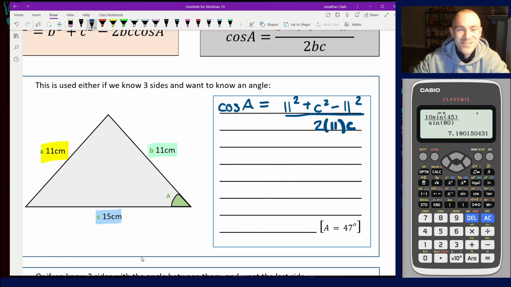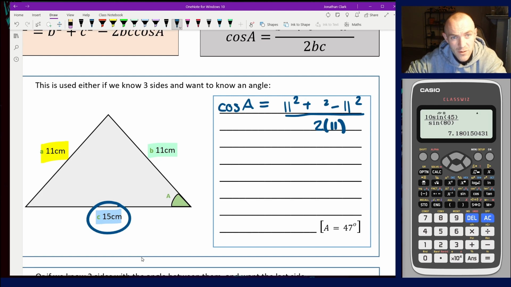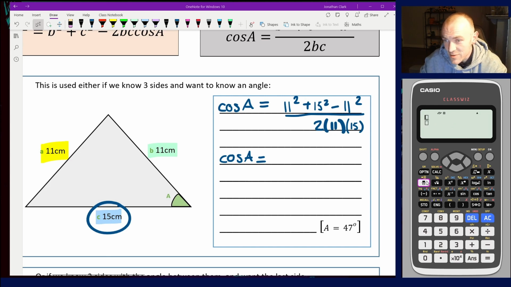And I can also replace C of course as well, so let's do that. That's going to be a 15. Wonderful. So the right hand side is looking very numerical right now, so we are going to type all this in on the calculator and see how it turns out.